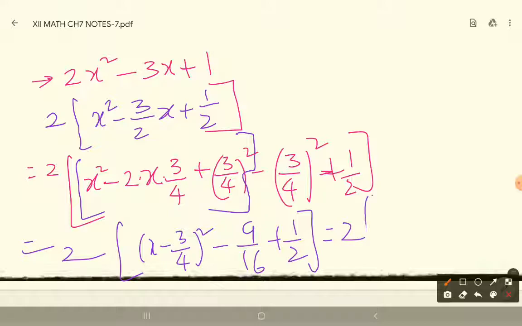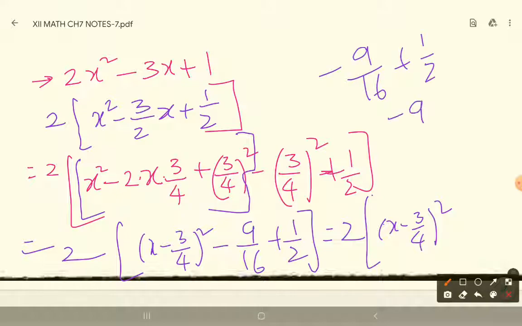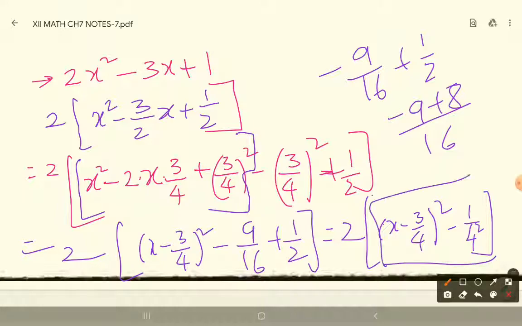Simplify it: minus 9 plus 8 by 16, which is minus 1 by 16, minus (1 by 4) square. Okay, so inside the bracket, it is a pure quadratic, in the form of x square minus a square. So that is the completing square method, which is very important here.